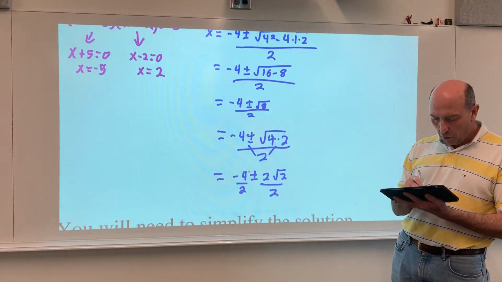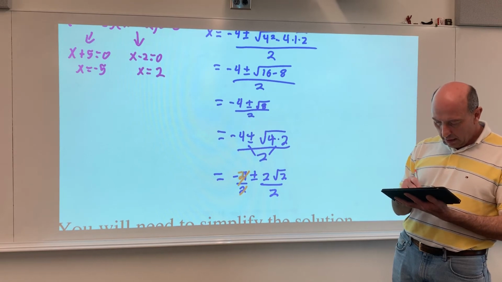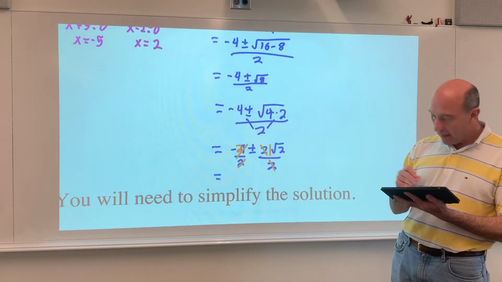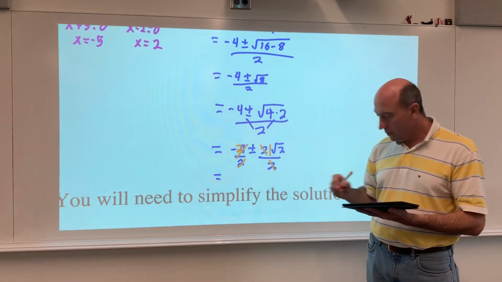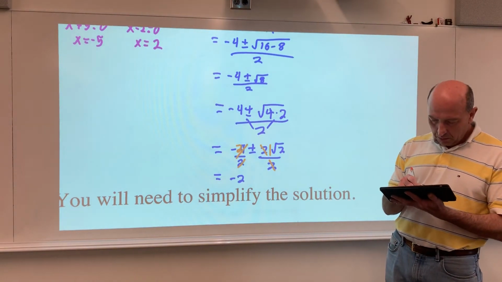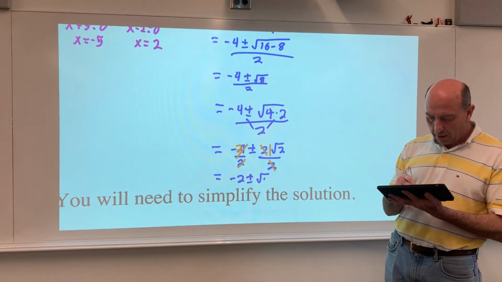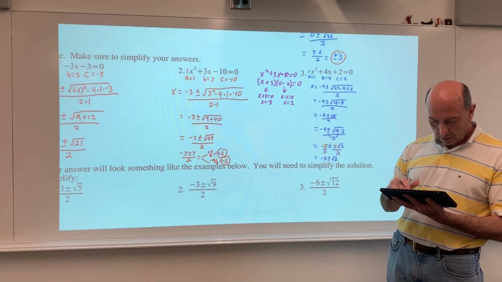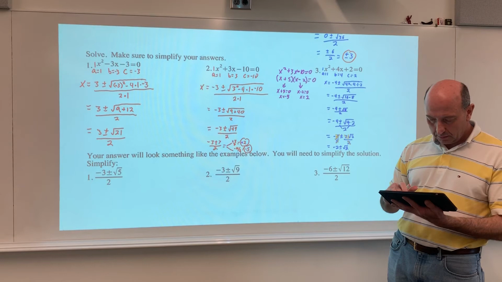Now, 4 divided by 2 is 2, and 2 divided by 2 is 1. So my final answer is negative 2 plus or minus the square root of 2. Interesting.